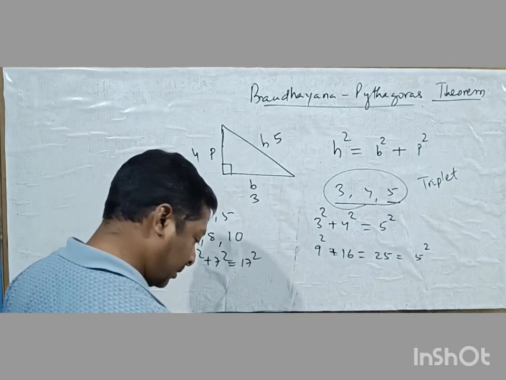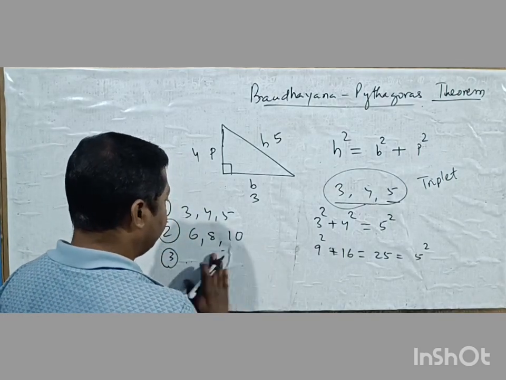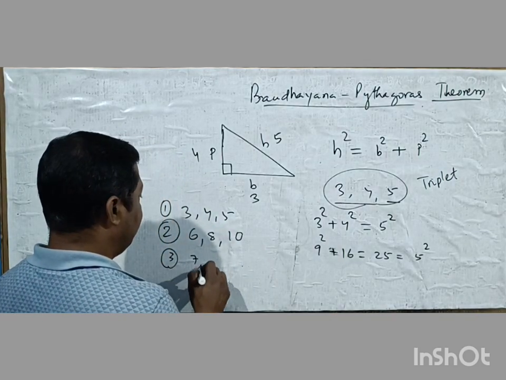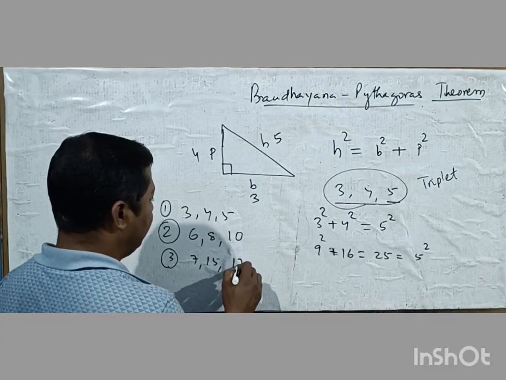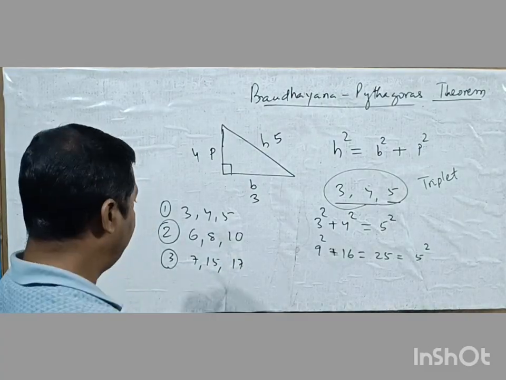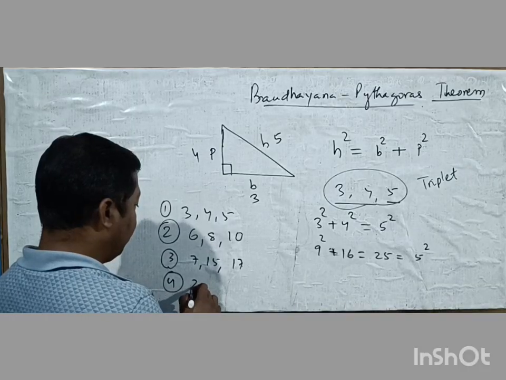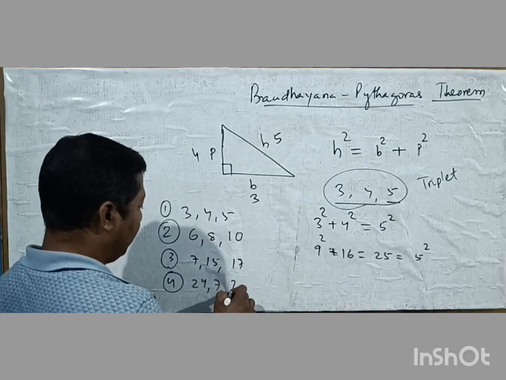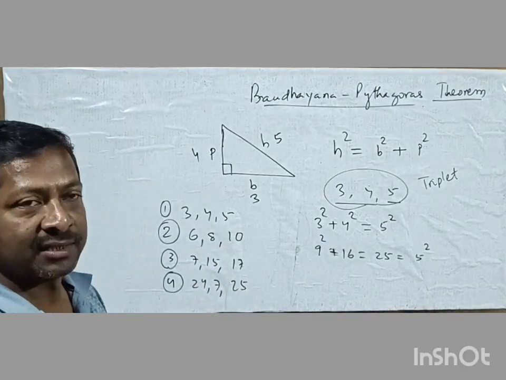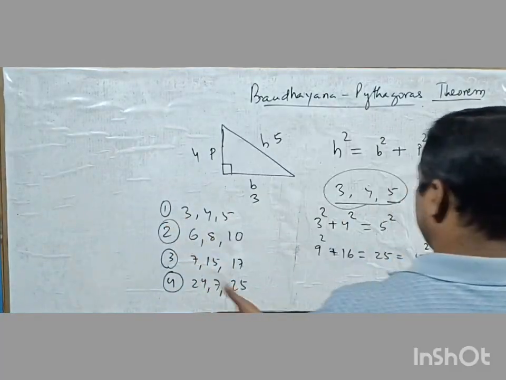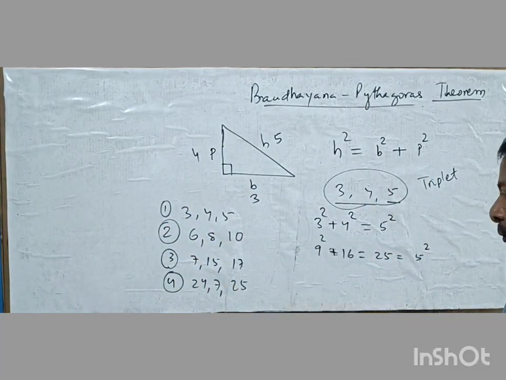Okay, that means 7, 15, 17. Again another triplet is 24, 7, 25. Like this, various triplets are there. I have given 4 of them as an example.